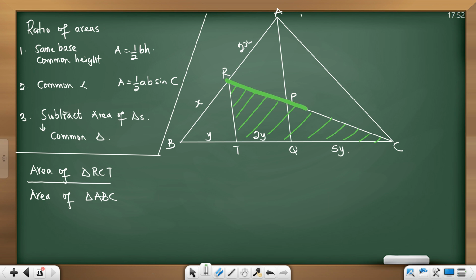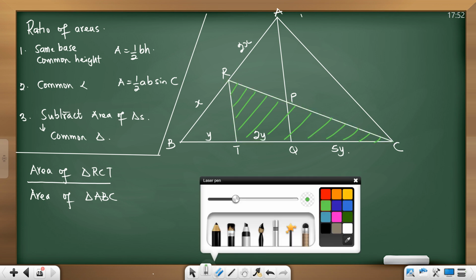RCT. Hold on, do you see RCT? Can I subtract? Please listen to what I'm going to do here.